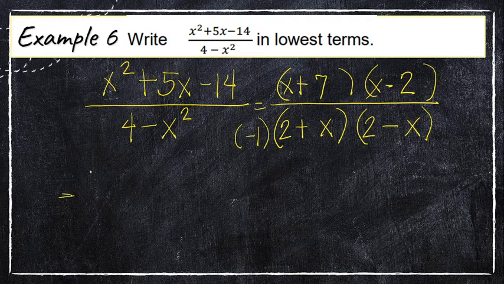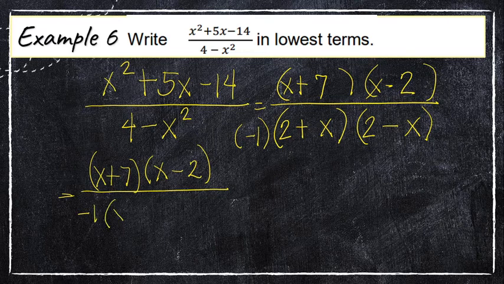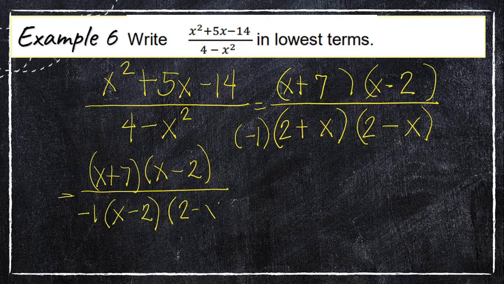So I'm going to write here x plus 7 and then x minus 2 over negative 1 times x minus 2 times the quantity of 2 plus x.